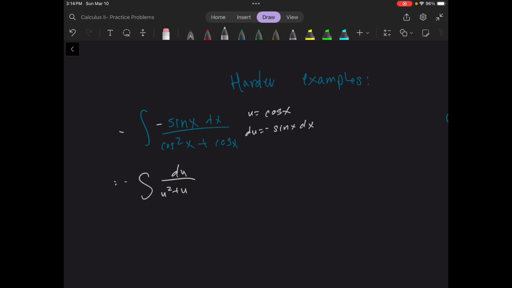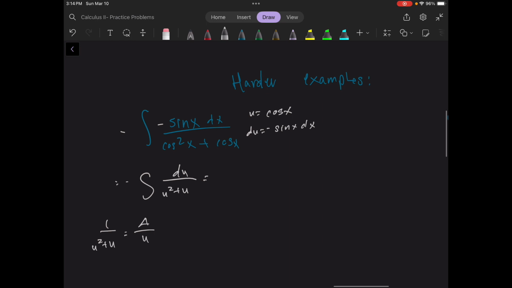So we could complete the square here, and we could do a whole trig sub, or we could just recognize, let's take 1 over u squared plus u, right? That could be broken down or decomposed into a over u and b over u plus 1, right? Because u times u plus 1 is u squared plus u.